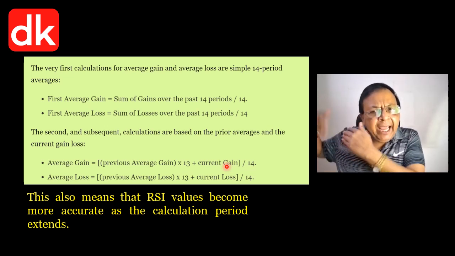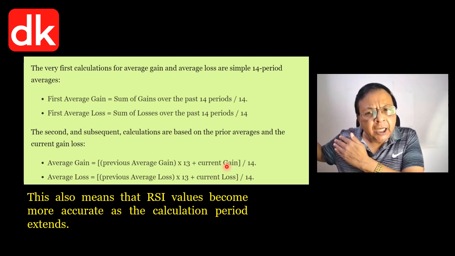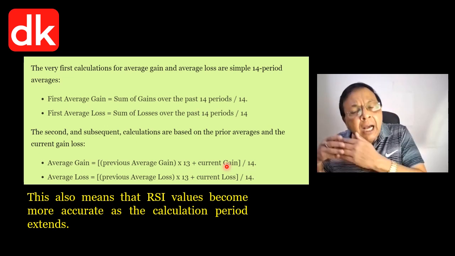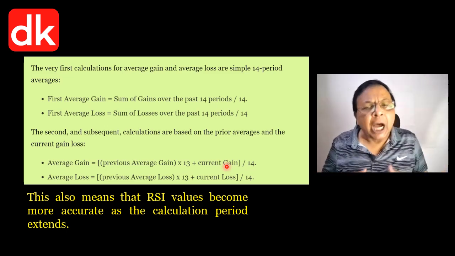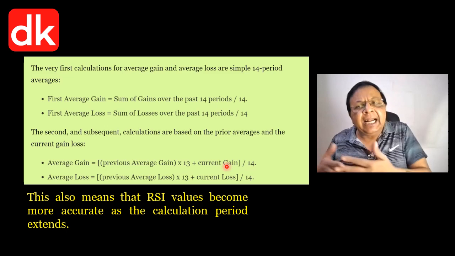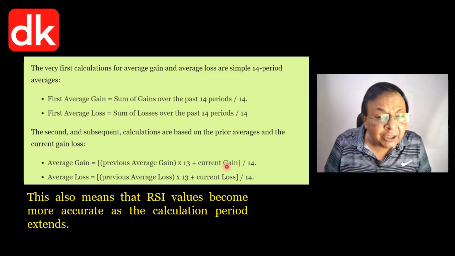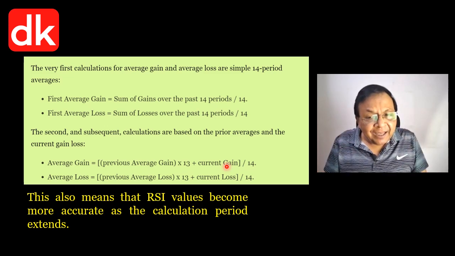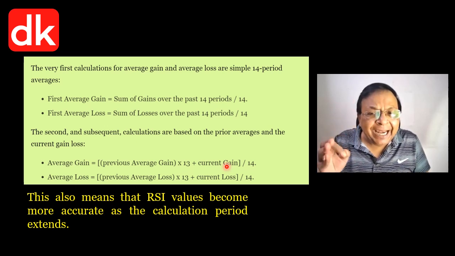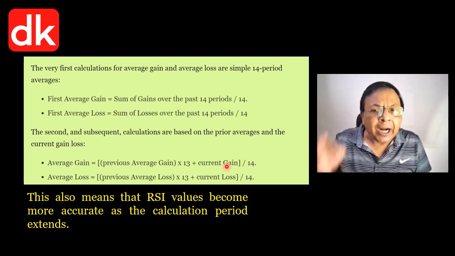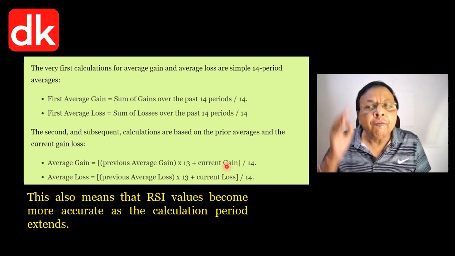So every day as we progress, there will be a new value and the prior 13 days, and this is how the average gain and average loss is arrived at, which gives the momentum in the market, at what speed the price is going up or at what speed the price is falling down.